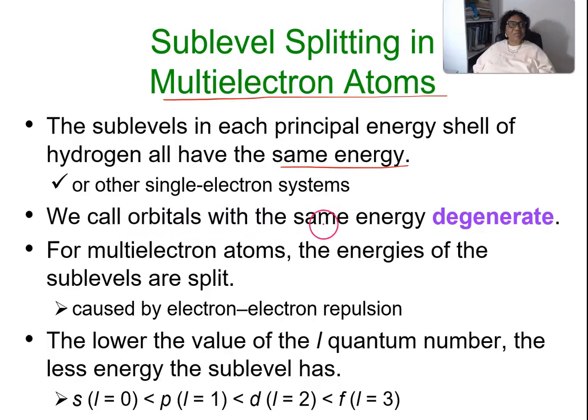We call orbitals with the same energy degenerate. For multi-electron atoms, the energies of the sublevels are split, caused by electron-electron repulsion.